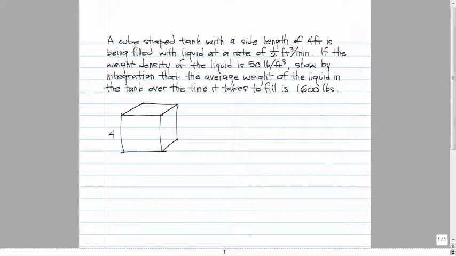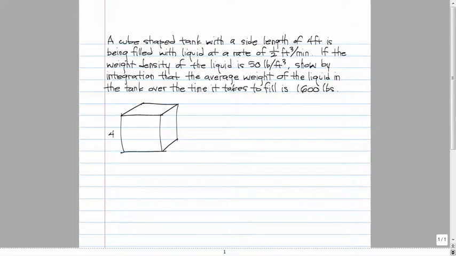In this problem we've got a cube-shaped tank with a side length of 4 feet, and it's being filled with some liquid at a rate of 1/2 cubic feet per minute. If the weight density of the liquid is 50 pounds per cubic foot, we need to show by integration that the average weight of the liquid in the tank over the time it takes to fill is 1,600 pounds.